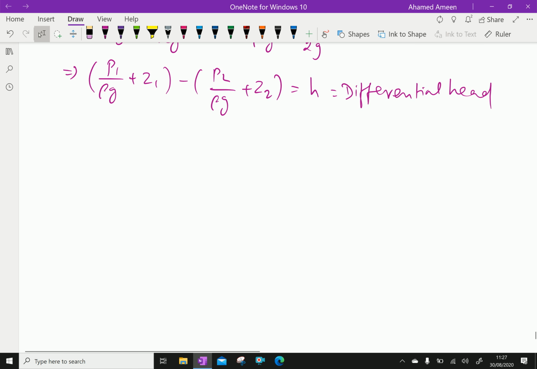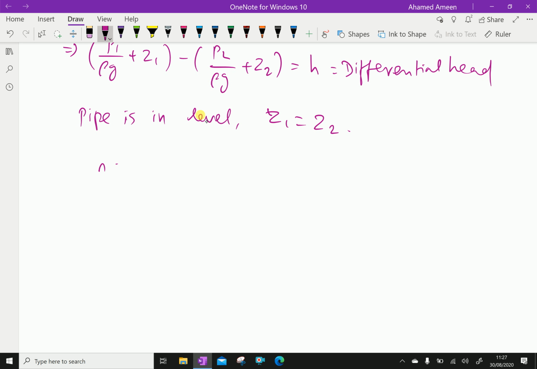Now from here, H. Here the pipe is horizontal, at the same level, which means Z1 equals Z2.